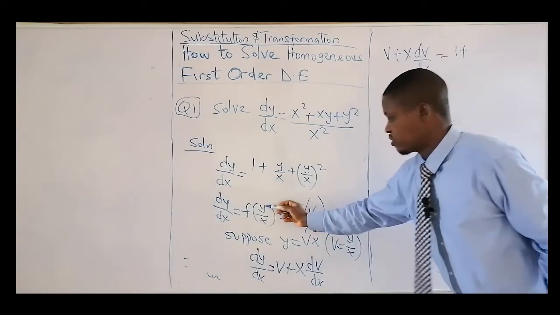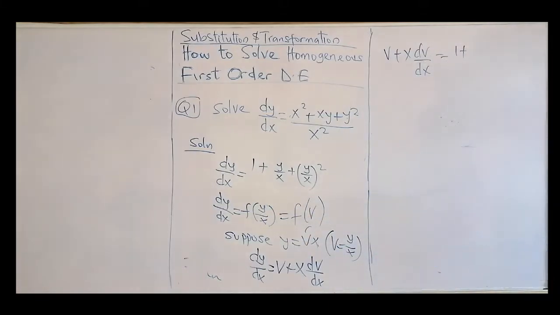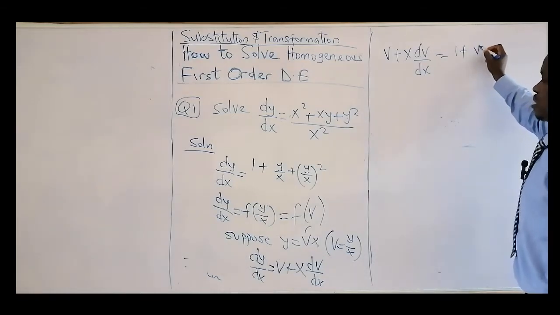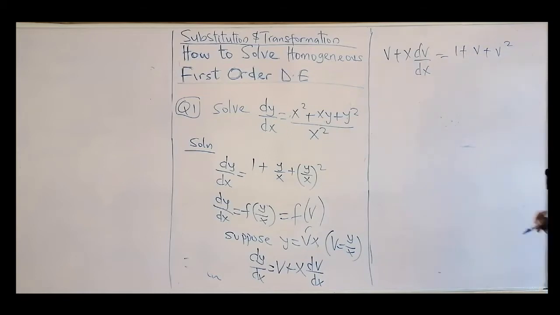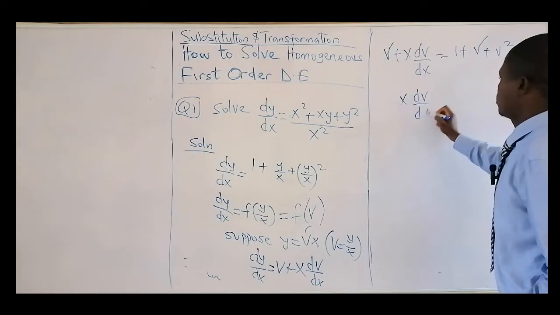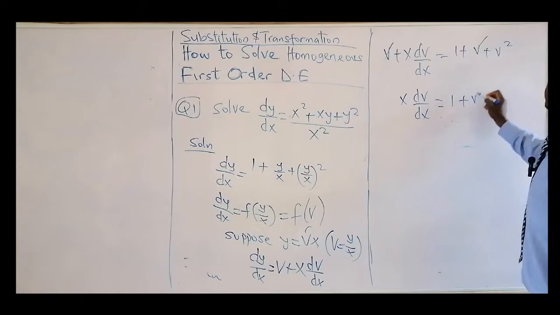Anywhere you see y over x, we are using substitution for that, that is v. So that will be equal to 1 plus v plus v squared. Something will cancel out there: v is there, v is there. So I have x dv/dx equal to 1 plus v squared.